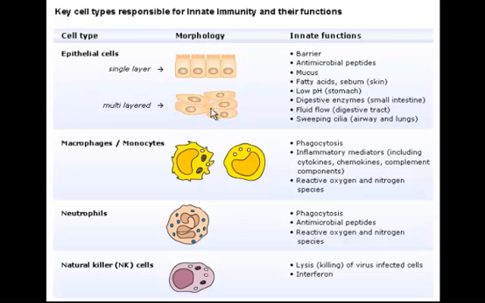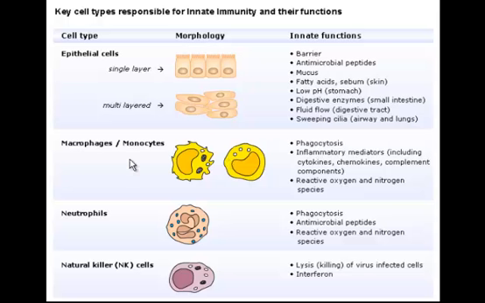So directly underlying the epithelial layers, you're going to have connective tissue. So this is going to include a lot of fibroblasts and extracellular matrix that keeps everything connected. So it's going to join the epithelial layer with the underlying muscle tissue that's going to be needed for the actual system integration. Within this connective tissue area, you also have the presence of many of our innate immune system cells as well.